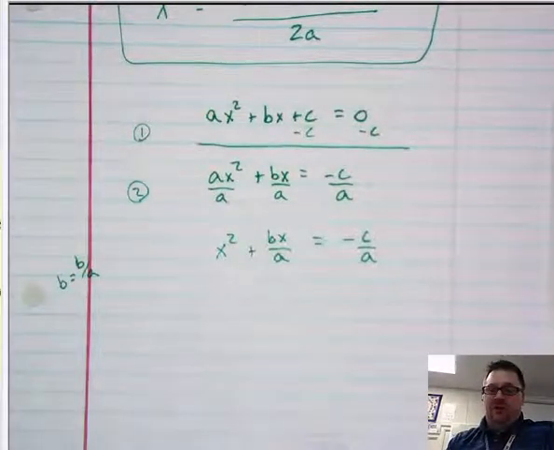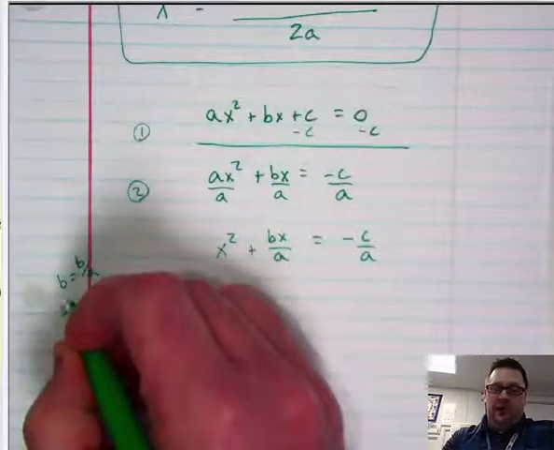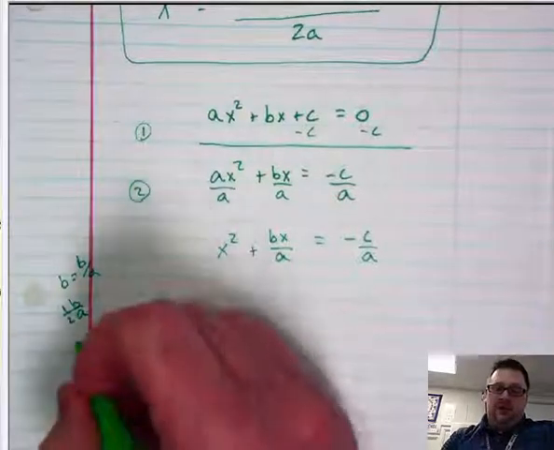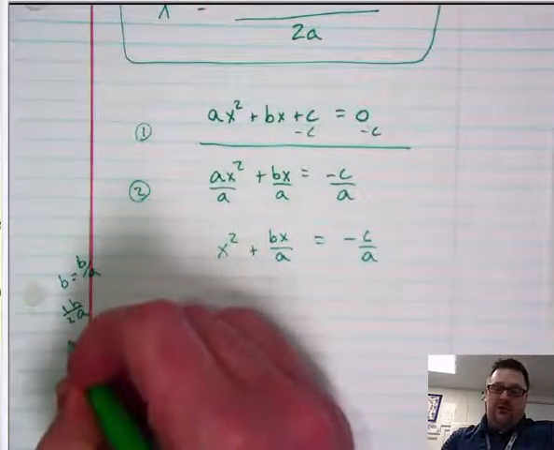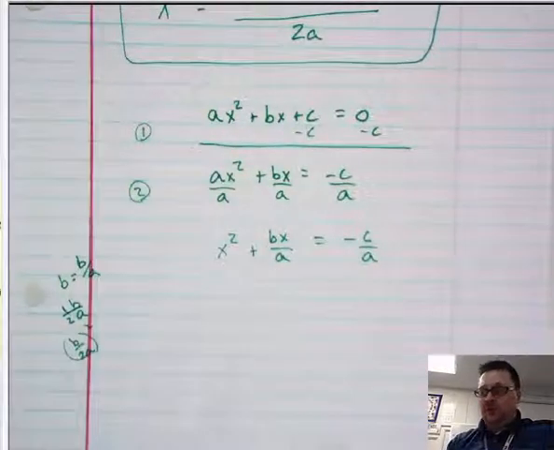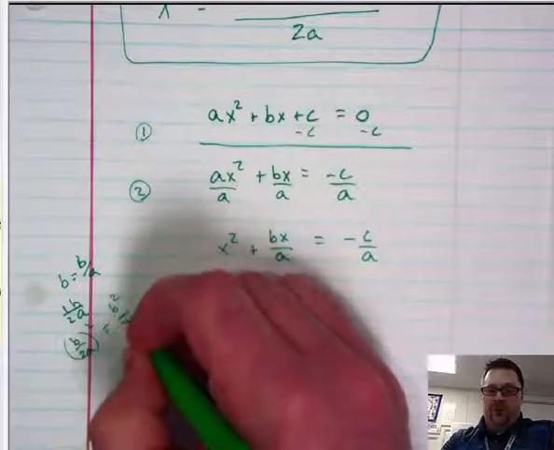Half of that would be 1/2 times b over a. The next step is to square that. So if I do b over 2a and square it, what I get is b squared over 4a squared.